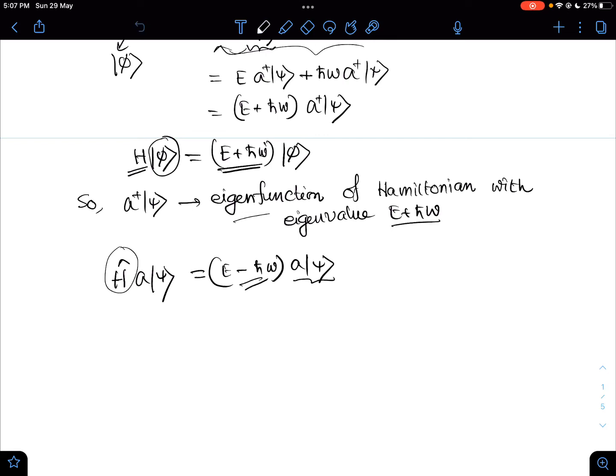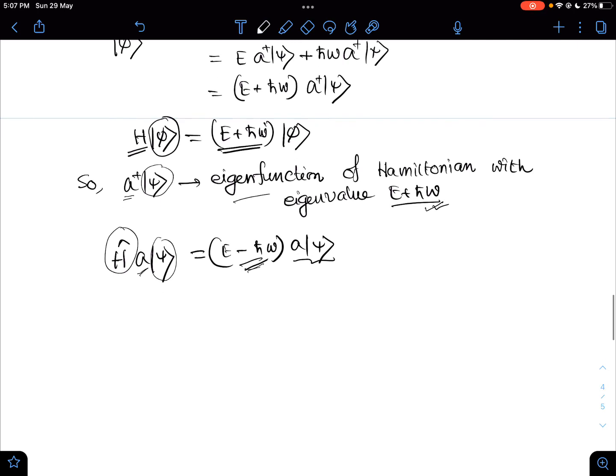So by acting the raising operator on state psi, we increase its energy value, and by acting the lowering operator on state psi, we decrease its energy value, and that is why they are called raising and lowering operators.